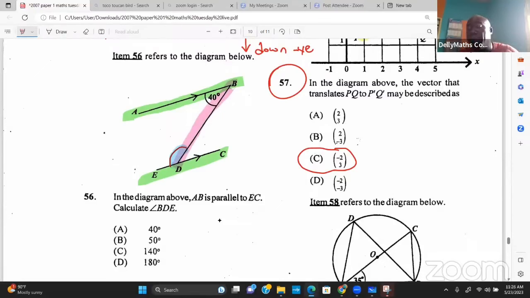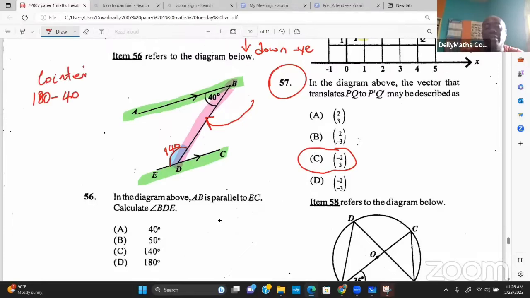Now, if I'm inside the parallel lines and I'm on the same side of the transversal, I'm to the left of that line, I could use co-interior angles to link to the 40. This will be 140 because co-interior angles add to give 180. So I'll take out this and I'll get my co-interior angle that links to that 40 would be 140 degrees. This would be the answer.